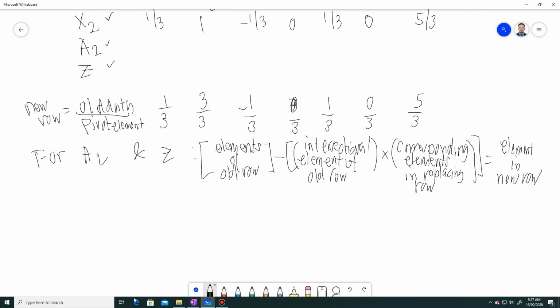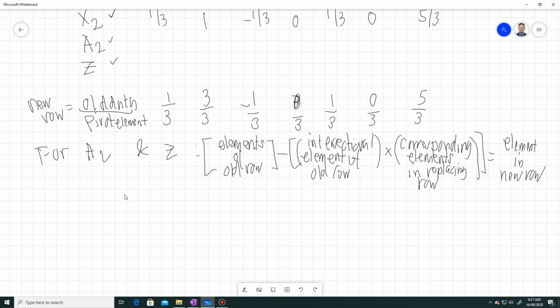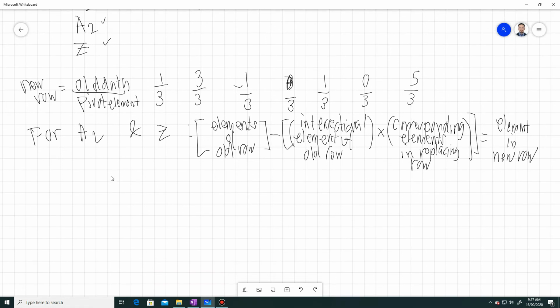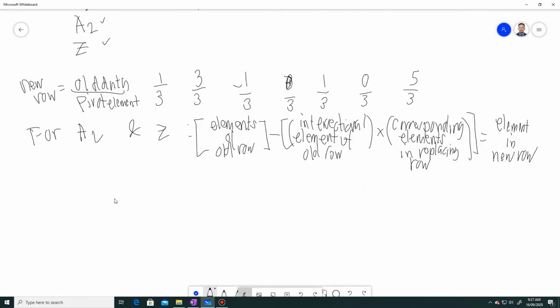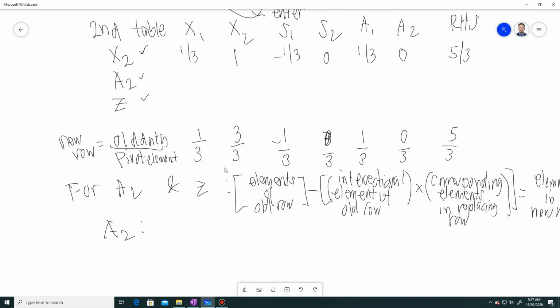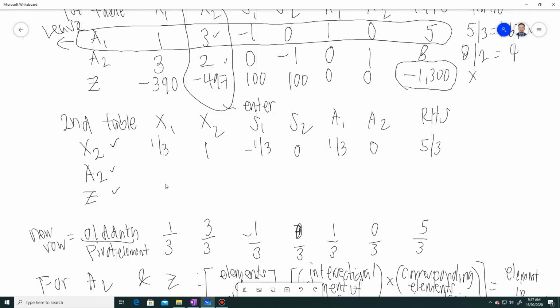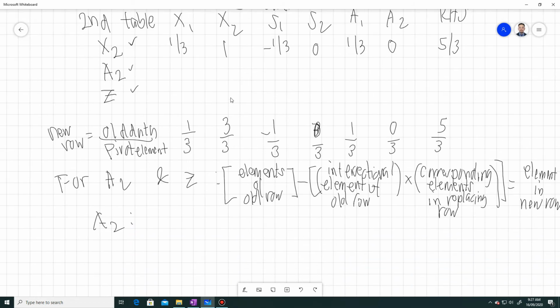Okay, let's do that for a sub 2 and z. For a sub 2, we refer to the elements of the old row, a sub 2. Those are 3, 2, 0, negative 1, 0, 1, 8. So we write those here.